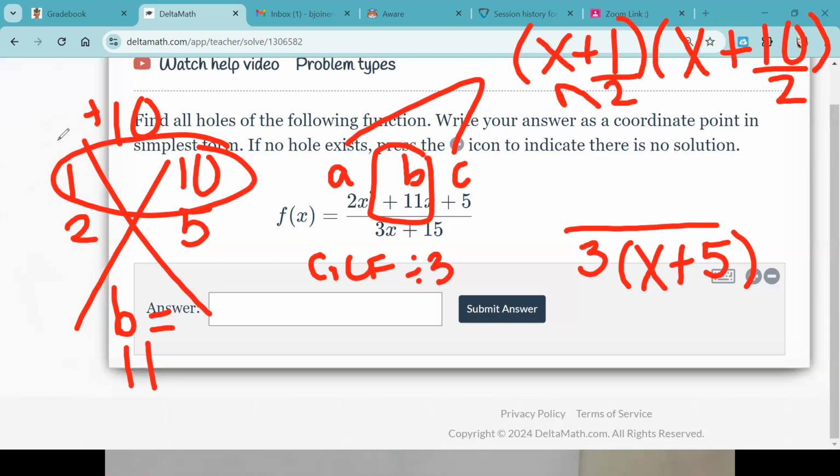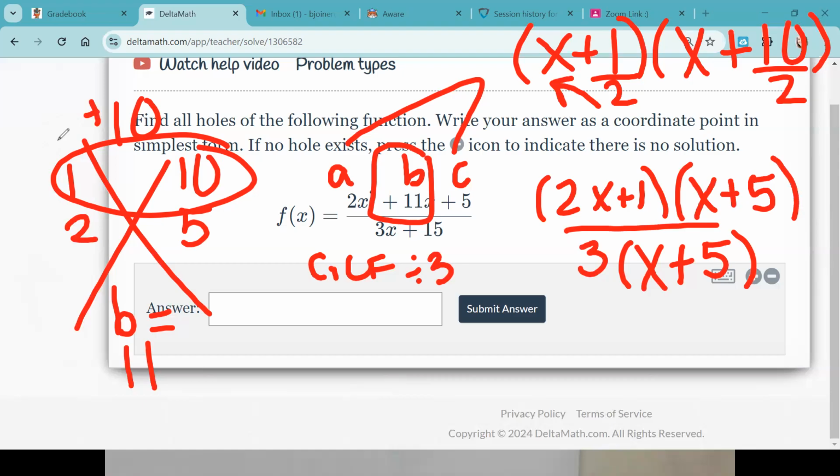Then I'm going to slide it. So it'll be 2x plus 1. And then x plus 10 divided by 2 goes to what? X plus 5. Which means that what can cross out in my equation? Very good. Now, after these cross out, I know that my x is going to be a -5.